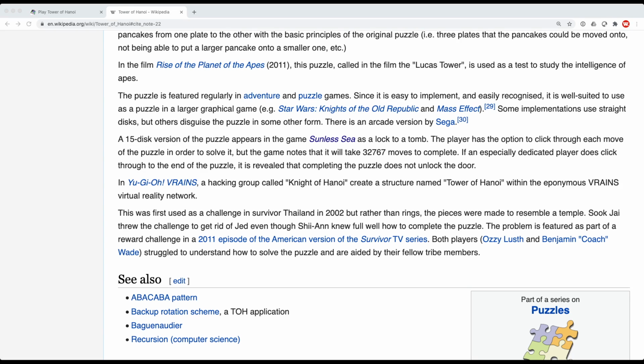Great. Is the number of disks 1? No, it is not. So I'm going to do this instead.